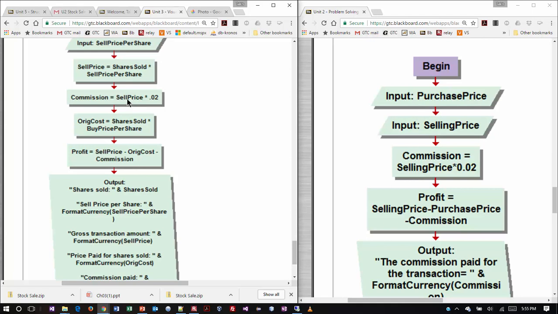Well, how much did I sell it for? See, this is a trick question. I'm having you think here. All right. But the commission is based upon what we sold it for, right? What did we sell those shares for? 5 times 20 is 100 times 2%, $2, right?